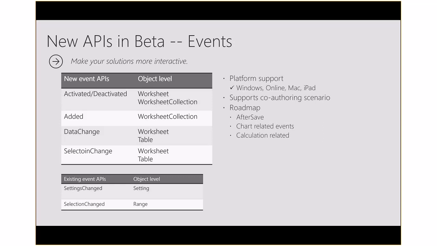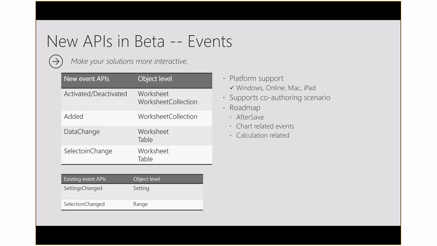These events also support co-authoring scenarios, which means that if an event is raised because of a co-authoring change, you will know based on the parameters that a certain event is propagating from a different host, a different client. And we also have a more ambitious roadmap for the events.